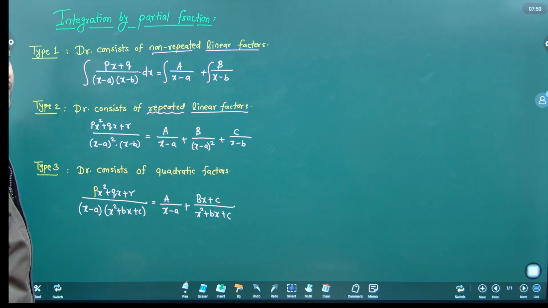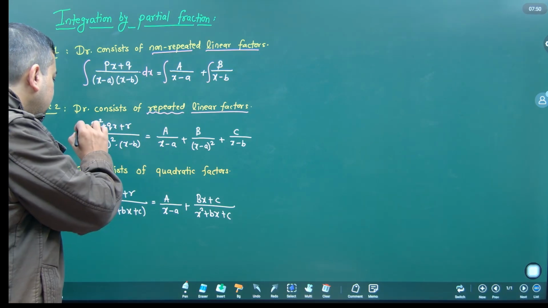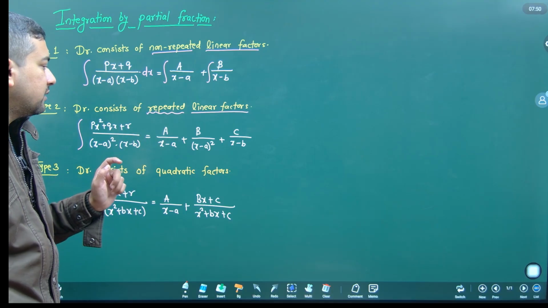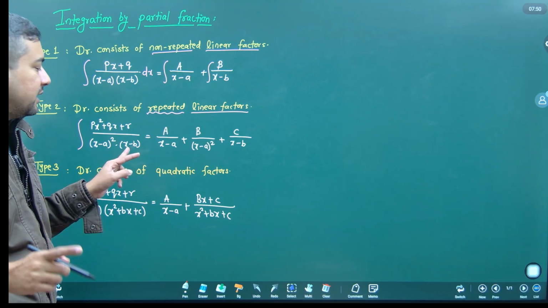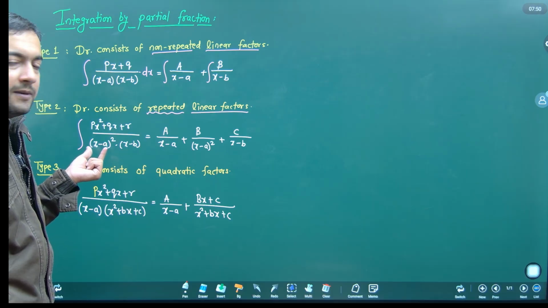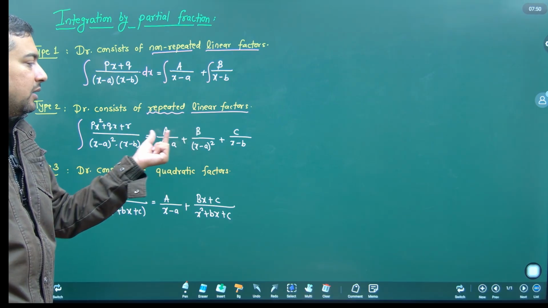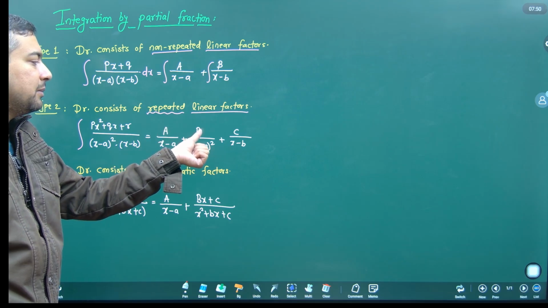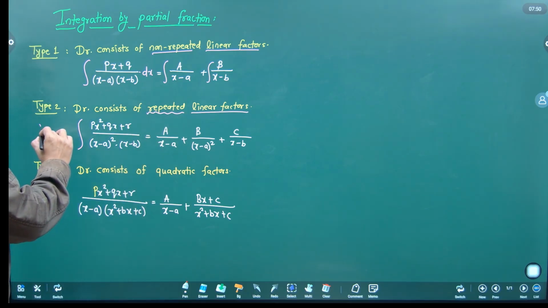So whenever you get a repeated linear factor and want to do the integral, you will convert this fraction into partial fractions. As per procedure, one constant is to be allotted for the non-repeated linear factor, so it will be C upon x minus b. Whichever factor is repeated, you have to allot two constants: A upon x minus a and second B upon x minus a whole square. Okay, so this is type number 2.